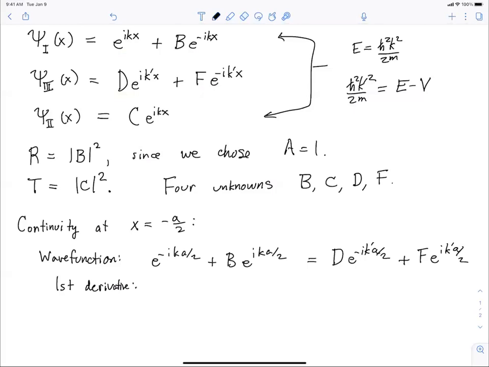So we just have to write those factors in. Ik e to the minus i ka over 2 minus b e to the plus i ka over 2. Okay, and then on the right side, we're putting k primes, from the derivatives.